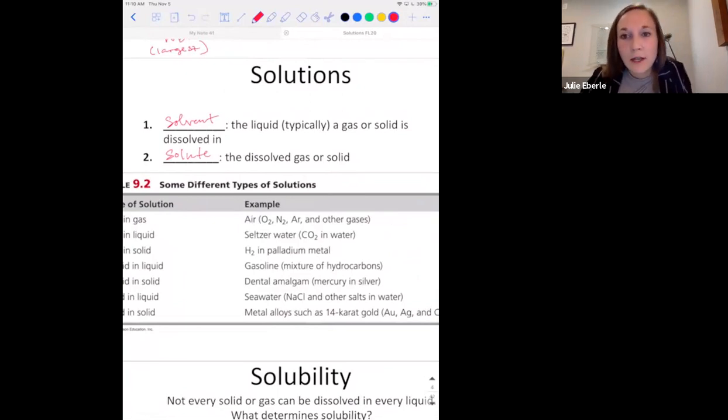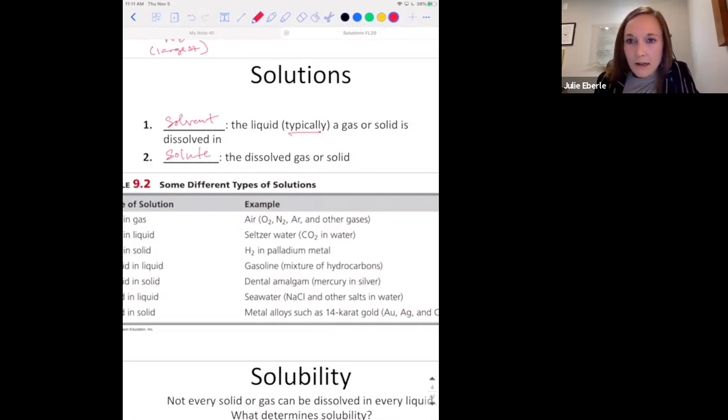And it is the thing you're dissolving the solute in. Typically it's a liquid and it's what we're dissolving a gas or a solid in. So if you have salt water, water is the solvent. Okay, solute is the dissolved part. It's the ions or the sugars or the molecules. It could be a gas that is dissolved in your solvent.